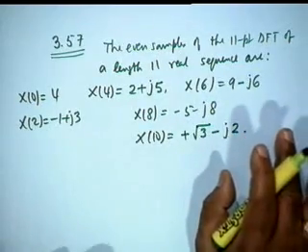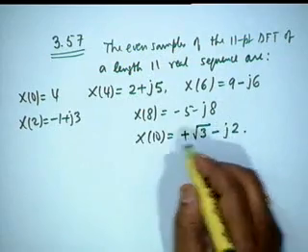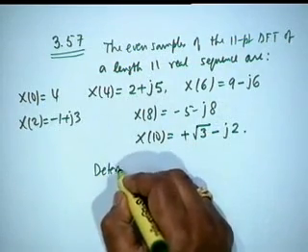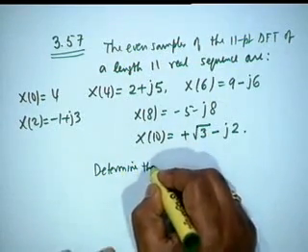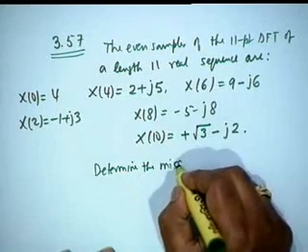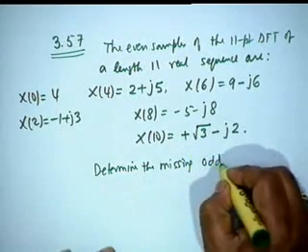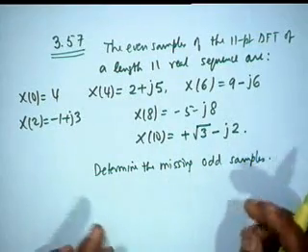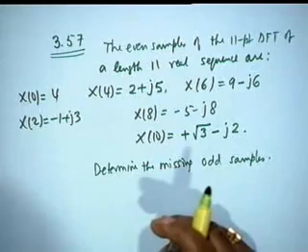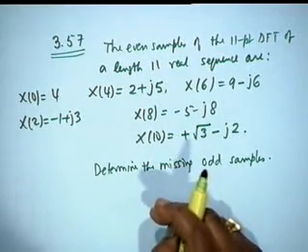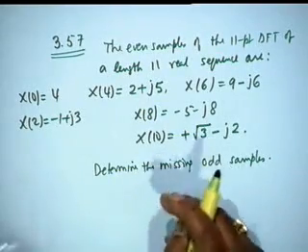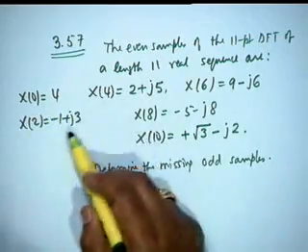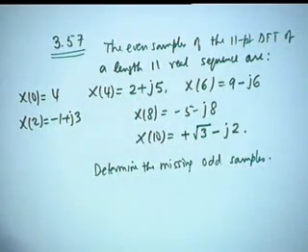It simply says determine the missing odd samples. Nothing else is given. Determine the missing odd samples. If you want to do it mechanically, you see I need 11 samples, 11 point. Only the even numbered ones are given. How many? 1, 2, 3, 4, 5, 6. 6 of them are given.